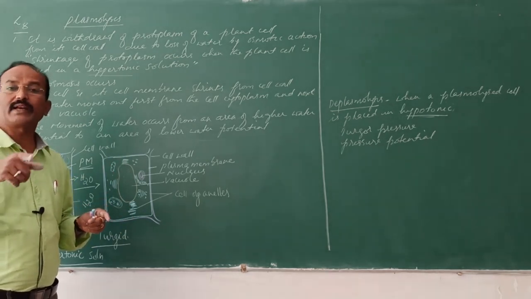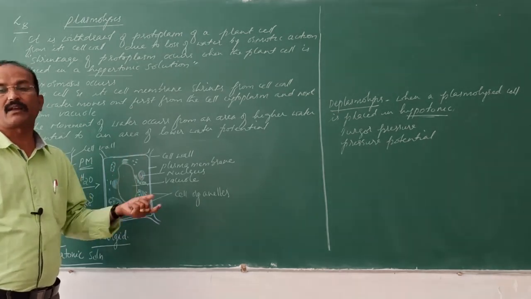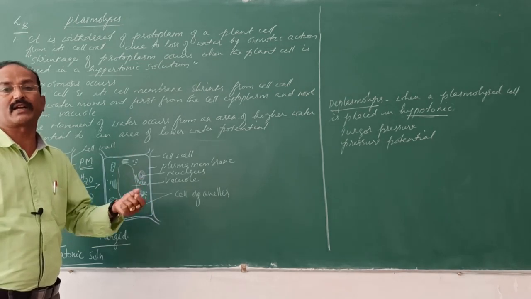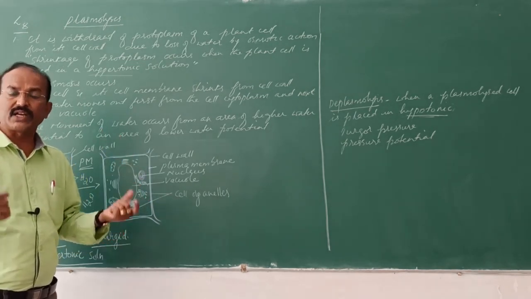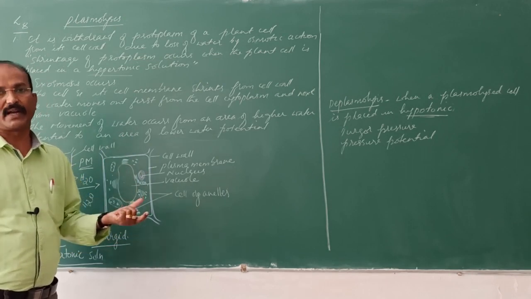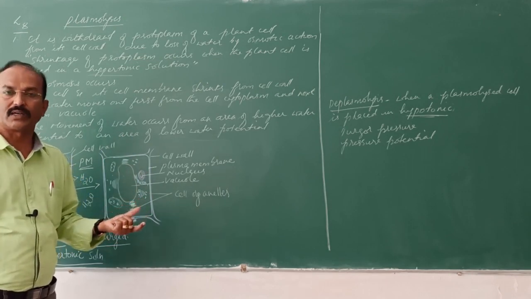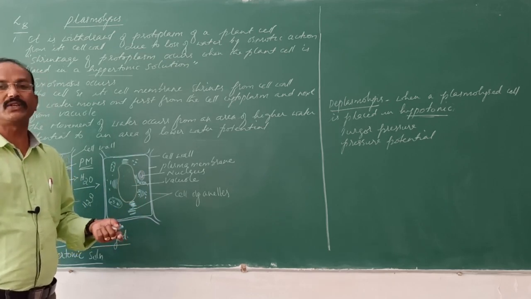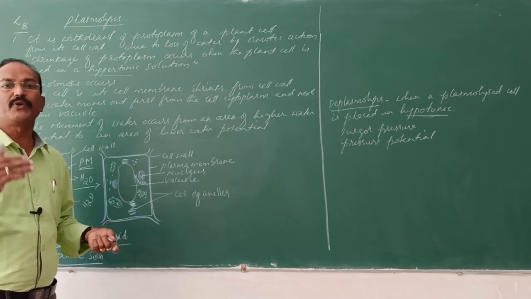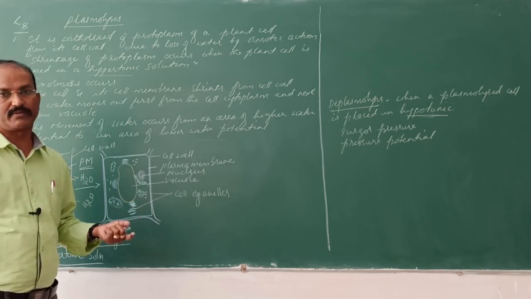So when the organelles lose water, their functional efficiency decreases, and the cell will die without water. Understand? So when the plasmolyzed cell is immediately placed in a hypotonic solution or in pure water, it will survive.